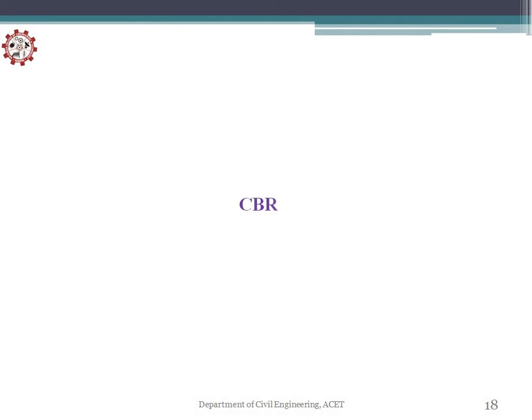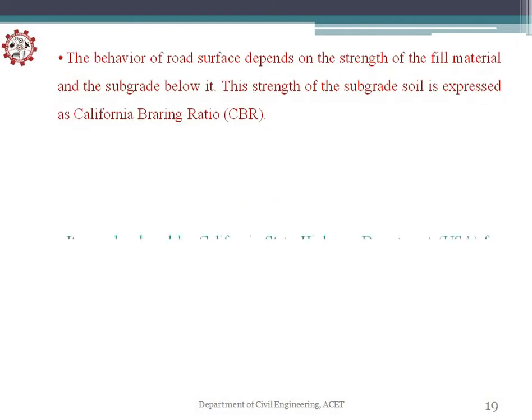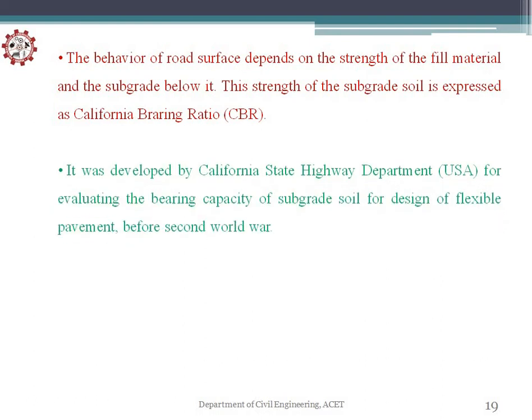Next is the CBR. CBR is the California Bearing Ratio, given by the California State Highway Department of USA for evaluating the bearing capacity of subgrade soil for the design of flexible pavement before the Second World War.